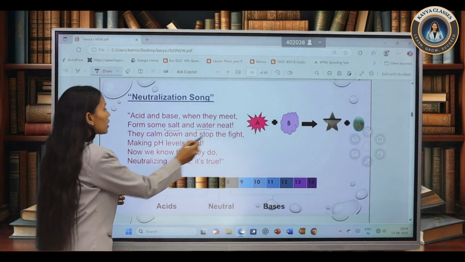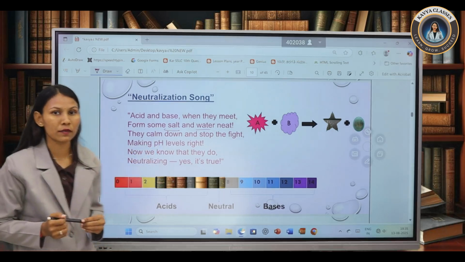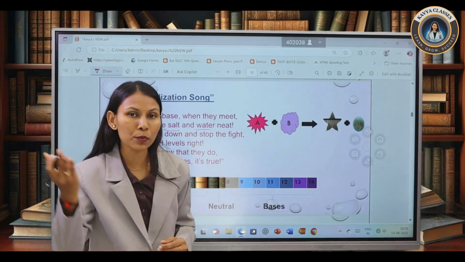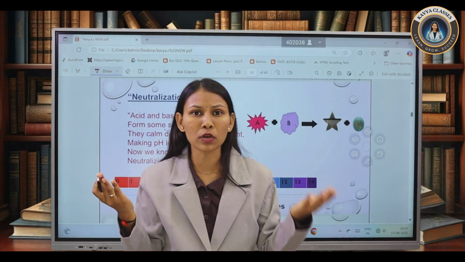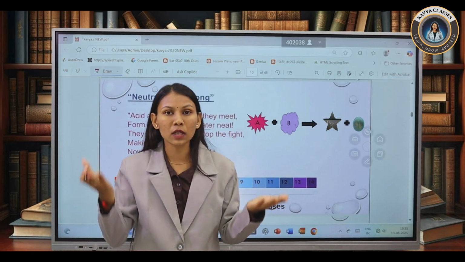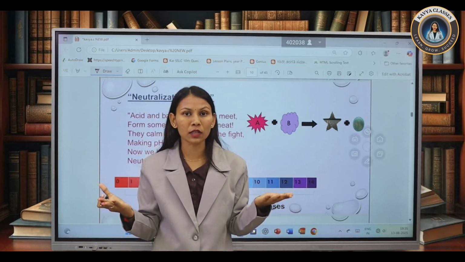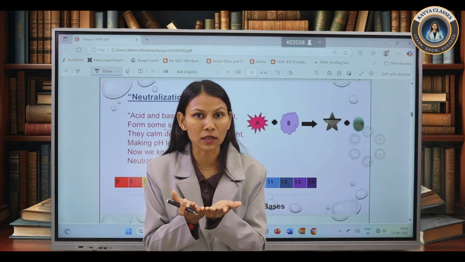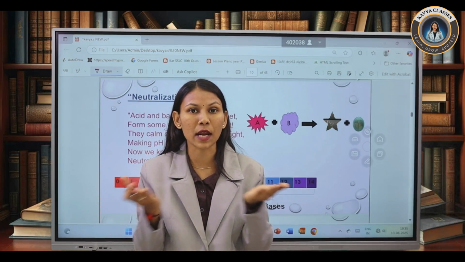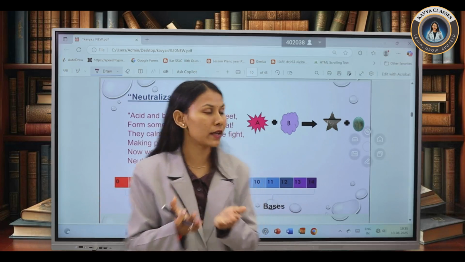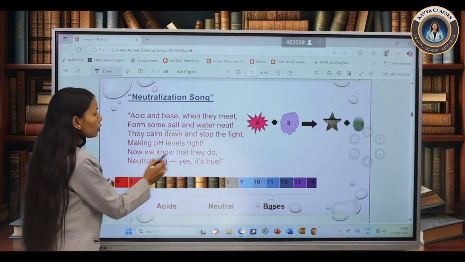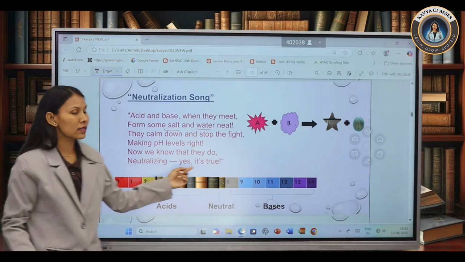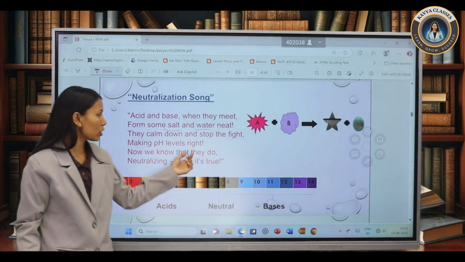They calm down and stop the fight, making pH levels right. So acid will have a lower pH, base will have a higher pH. Once they both react together, they will make the pH level right, means they are neutralizing. So once the acid and base react together, they will neutralize. Now we know what they do. Neutralizing, yes, it's true.